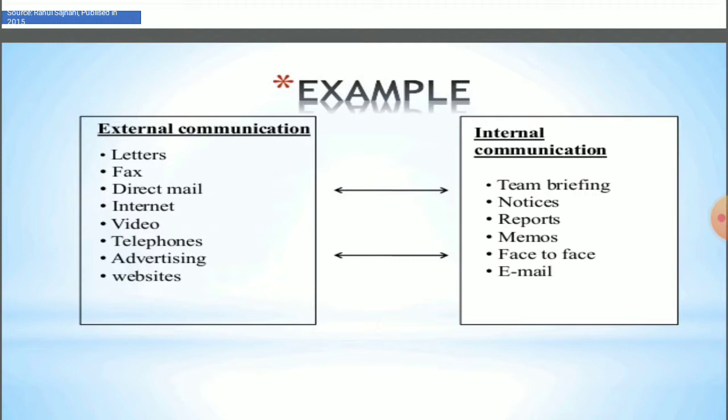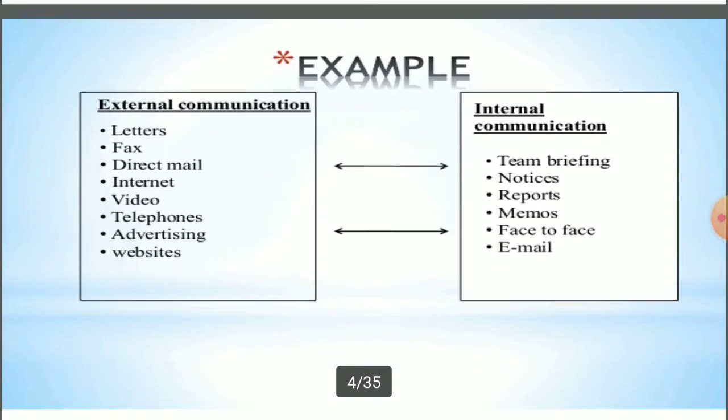Notices they can send to the employees as far as internal communication is concerned. Reports are generated, memos are given, face to face communication can be held, and emails also can be sent. So these are the examples, and by following these, business organizations can use these modes for doing internal as well as external communication.